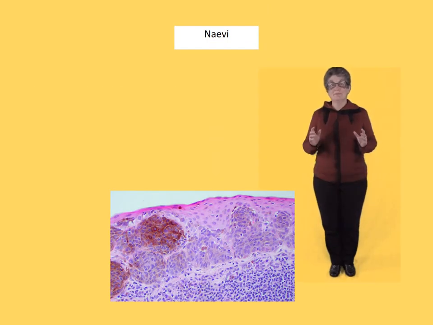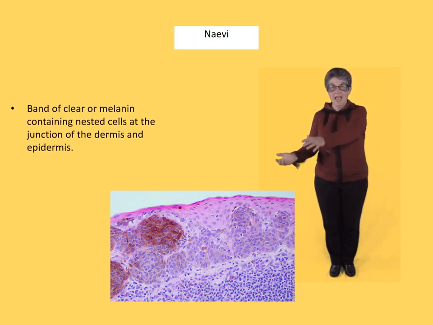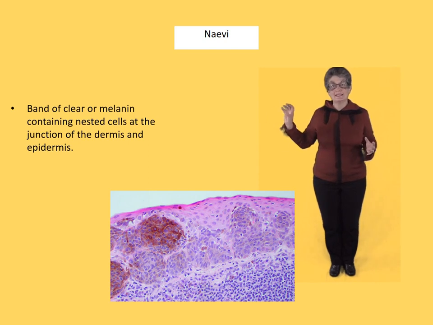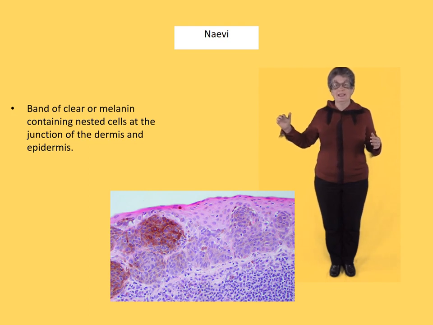What we see in benign nevi is a squamous epidermis in which nests of pigmented cells lie between the epidermis and the underlying dermis. In the picture here you can see a darkly pigmented nodule sitting with other nodules quite close to the epidermis. This is a junctional nevus.